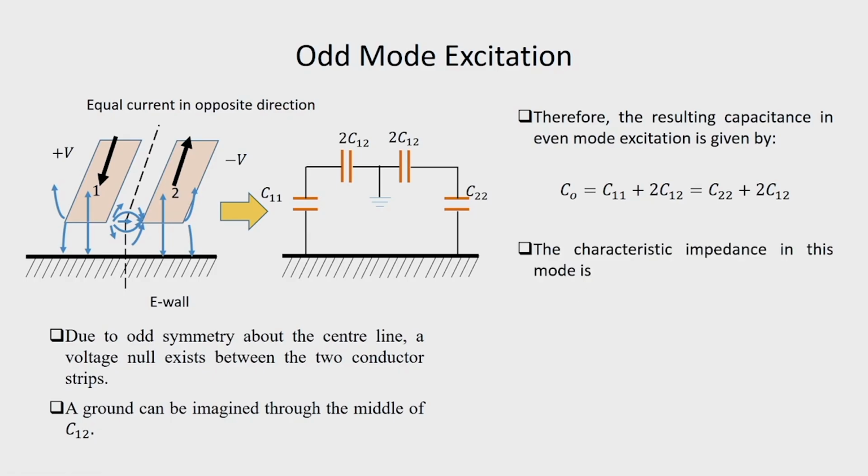The characteristic impedance in this mode is given by Z naught O, which is equal to 1 by V p into C O. So, following this type of analysis, we can find out the characteristic impedance for this type of coupled line systems.